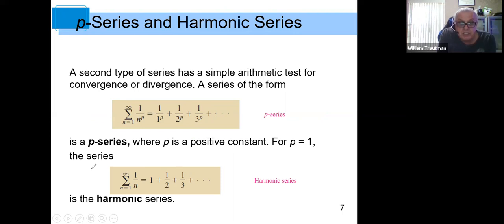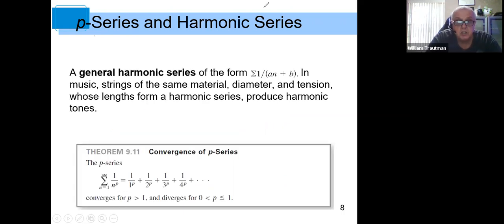In a P series, where p is a positive constant, if p equals 1, it's called a harmonic series. If we go to the next slide, it should tell us which one converges and which one diverges. And this is all you really have to know for these P series.